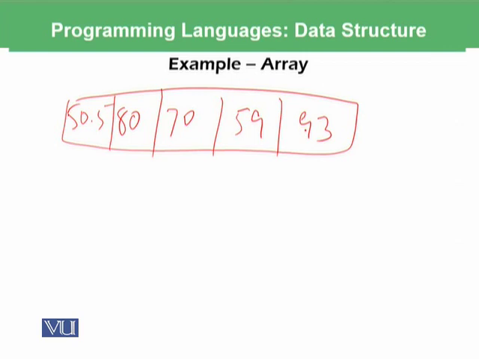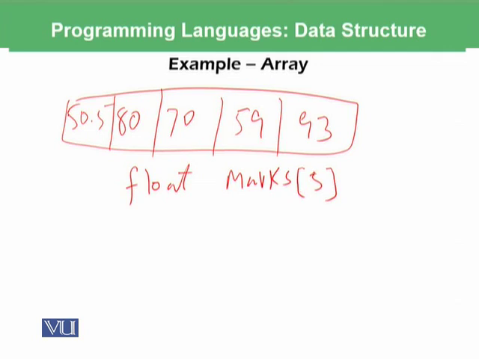This array data structure can be defined like float, which we did in the previous module, then the variable name, and then in brackets you write 5.